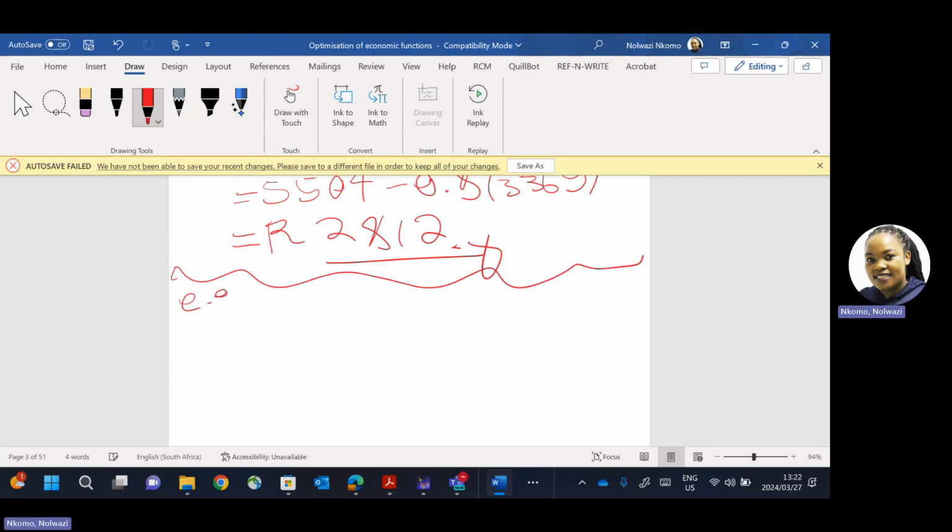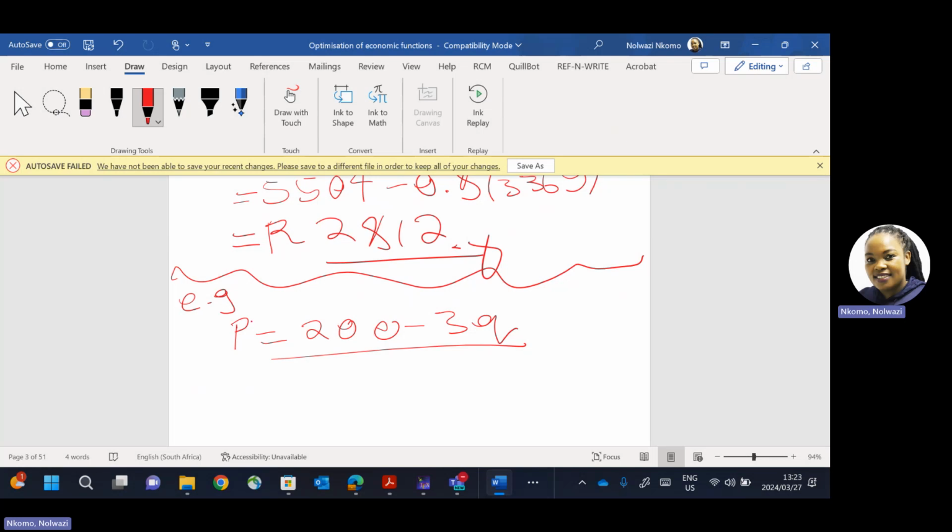Okay, example 2. Suppose now you are given a demand function for any goods as P equals 200 minus 3Q. This is your demand function.